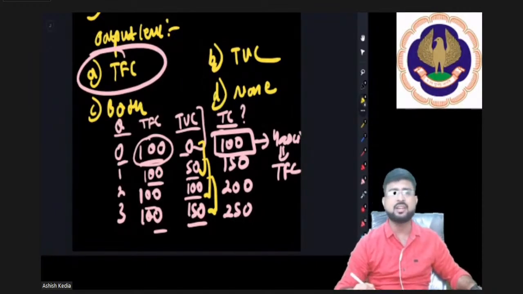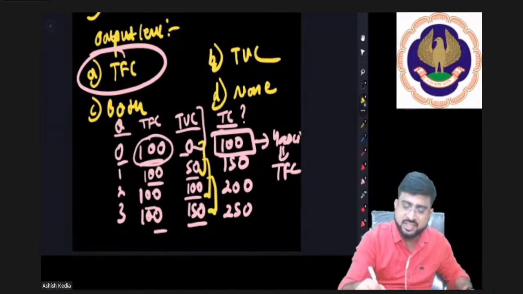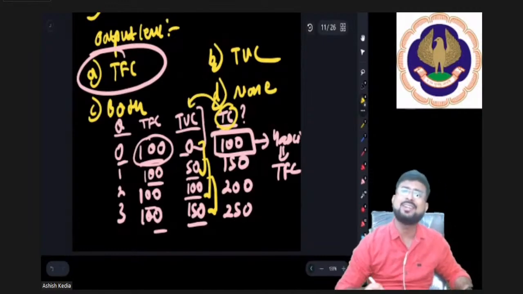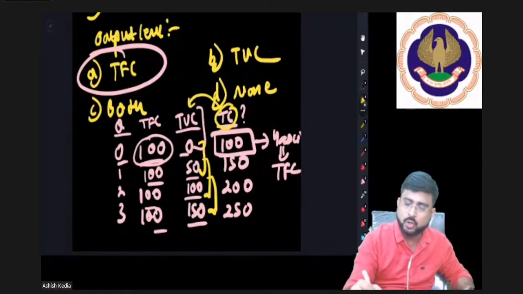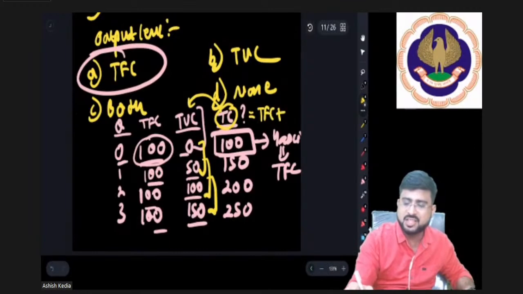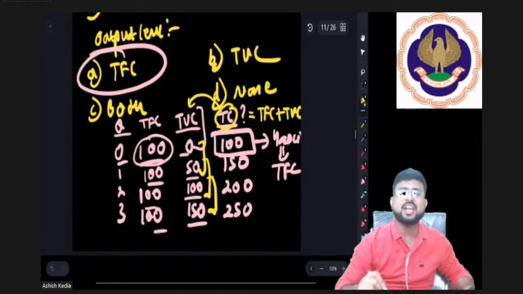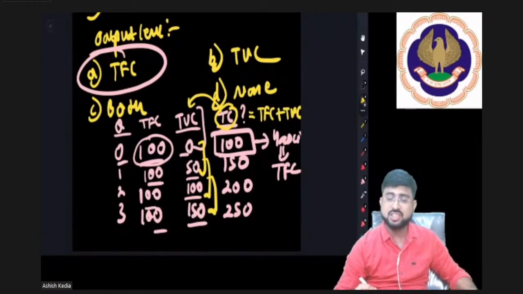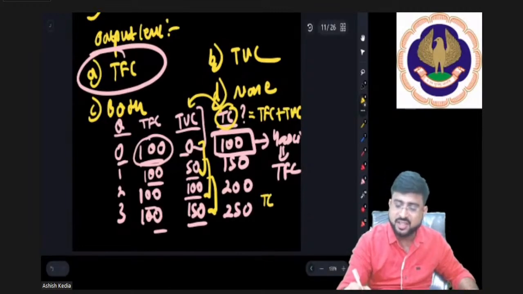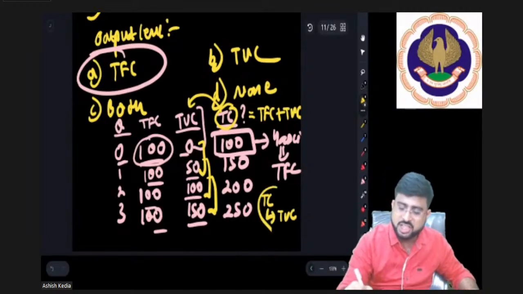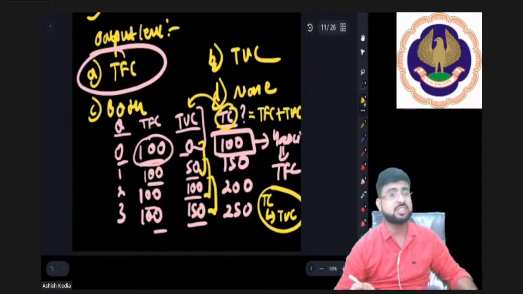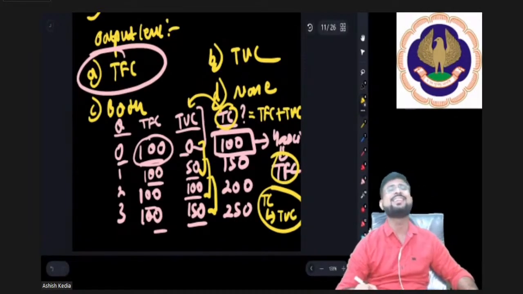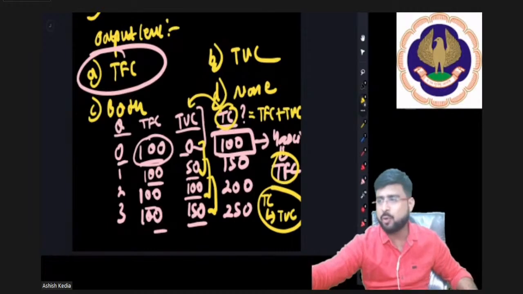Come on everybody, write it down. You are correct. TC is changing because of TVC, na? Because TC equals TFC plus TVC. So it's changing as per TVC. This is why the shape of TC is like TVC, but the starting point is from TFC.